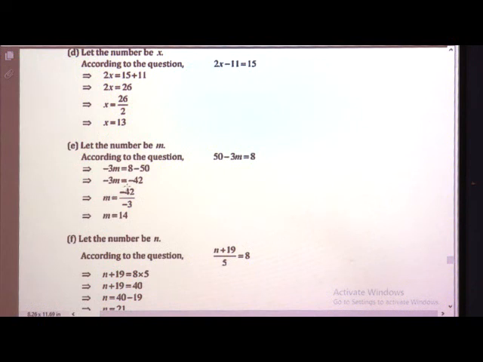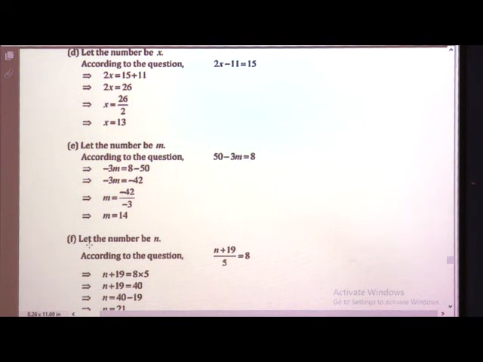So, minus 3m is equal to minus 42, m is equal to minus 42 upon minus 3. Here both the minus signs get cancelled. You know table 14 3s are 42, so after reduction m is equal to 14. In this way we found the value of m is equal to 14.